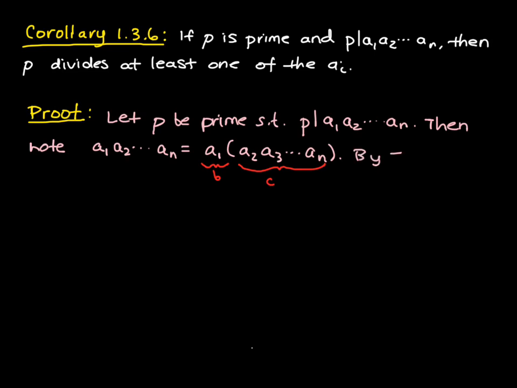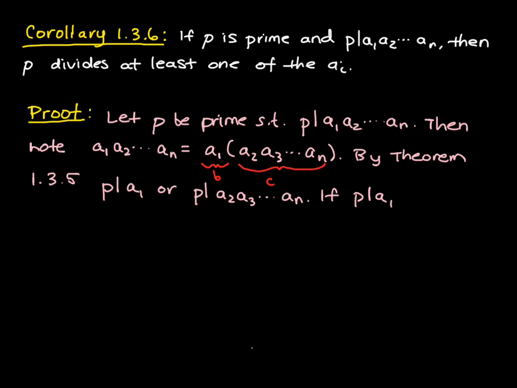So by Theorem 1.3.5 from before, we have that P divides a1 or P divides a2 times a3 all the way up to an. So if P divides a1, then we found the a sub i that P divides. So we're done.